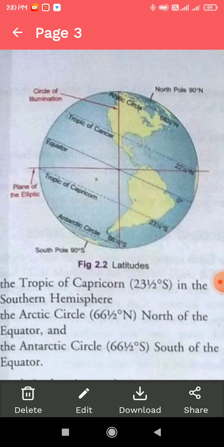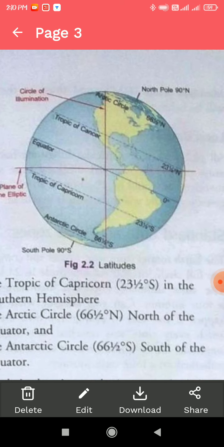They cannot intersect other lines. The north part of the equator is denoted by the letter N and the south part of the equator is denoted by the letter S.